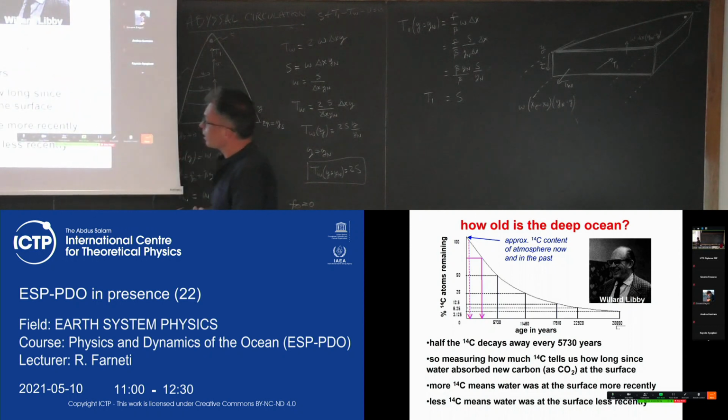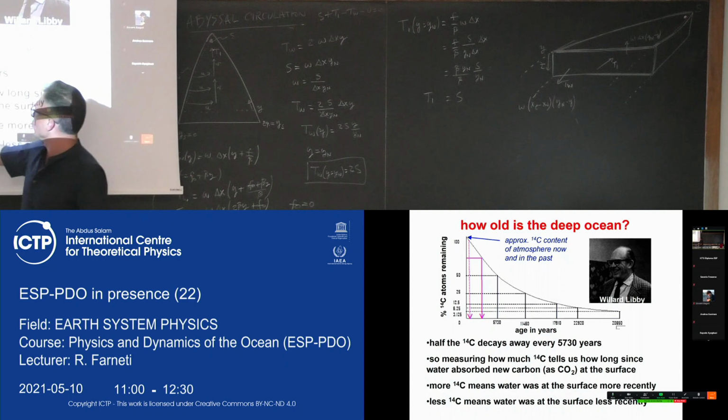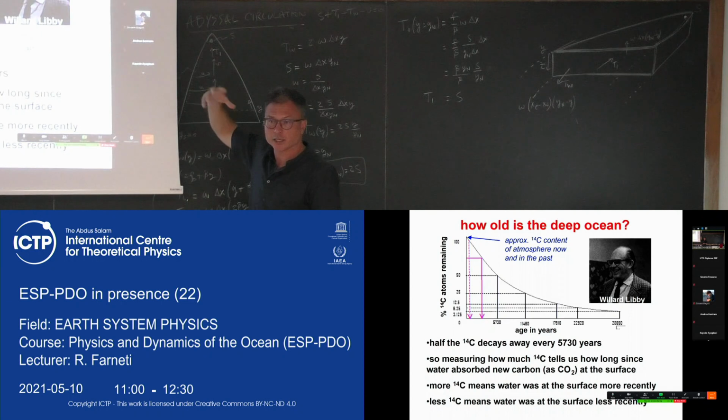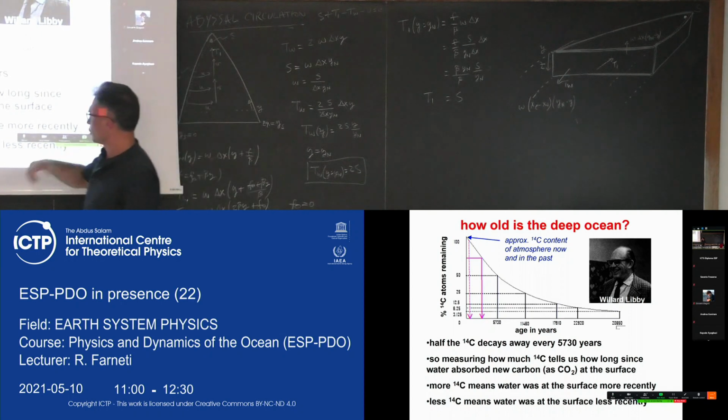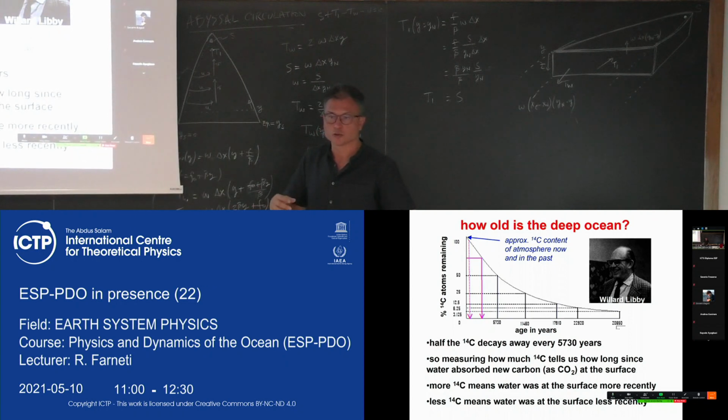So you can measure how much carbon-14 is in your parcel of water, given by the atmosphere at the surface, and then you can track that parcel of water by its concentration in carbon-14. A lot of carbon-14 means that water was at the surface recently, in contact with the atmosphere, getting carbon-14. Less carbon-14 means that the water was at the surface less recently. So it has been traveling some time, and it was not in contact with the atmosphere for some time.